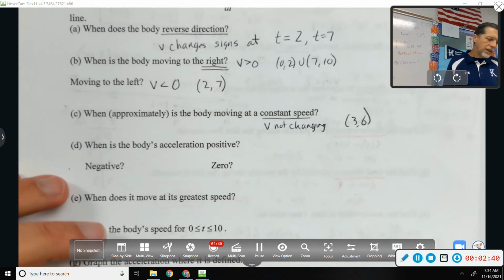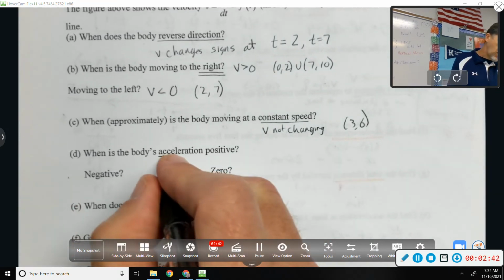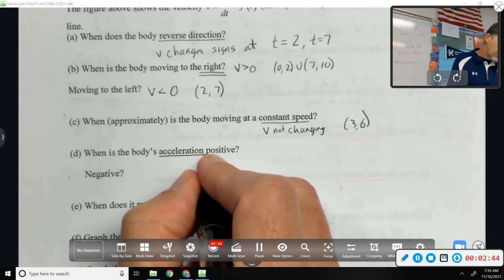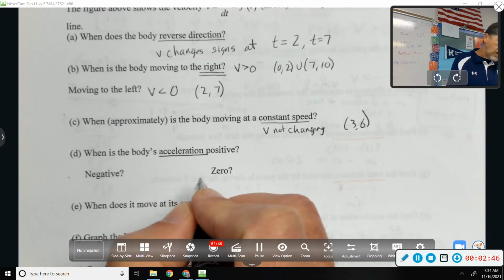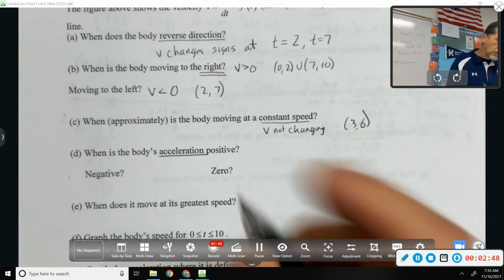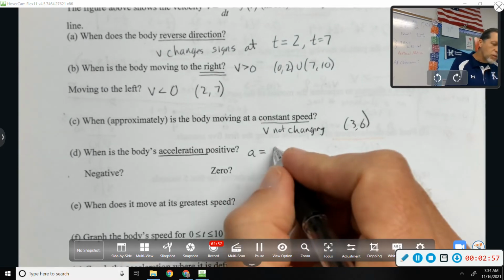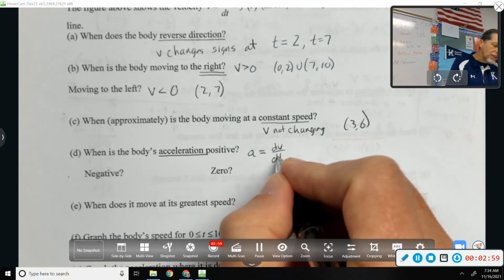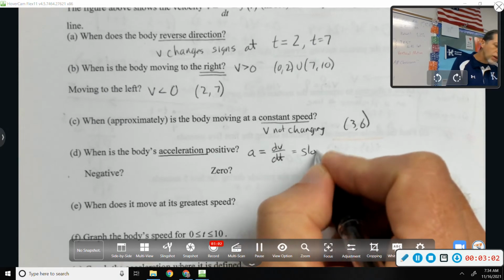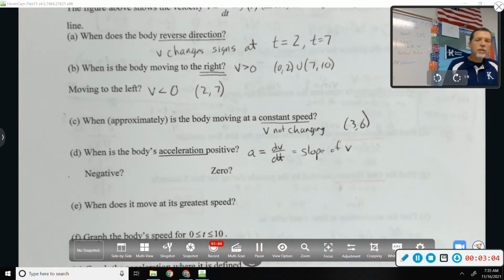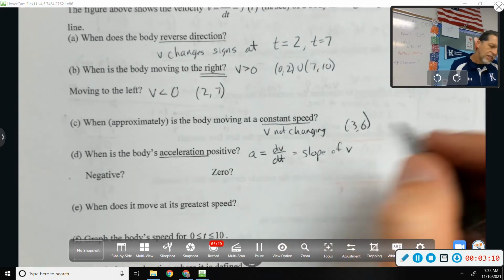Okay, when is the body's acceleration positive, negative, 0? I think you're right, but what is acceleration? Like, how do I know what to look for? You're right to say increasing. It's the slope. That's really good. I was going to say dv dt, but that's the slope of v. So the slope of v is positive from where to where?